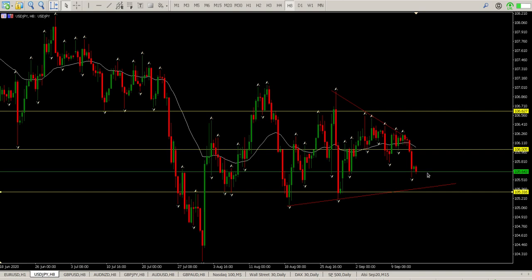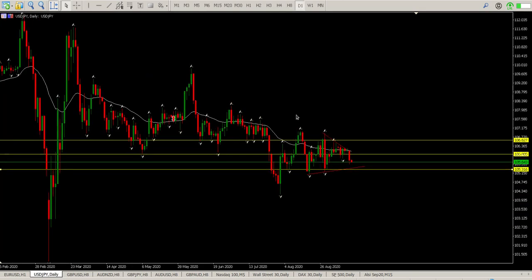So that also is kind of the bottom of the range. So we're going to need to drop below these swing lows here. So preferably this one here, 105.183, is the low that I need price to fall below. But it does look like we may be getting some direction here for continuation to the downside.